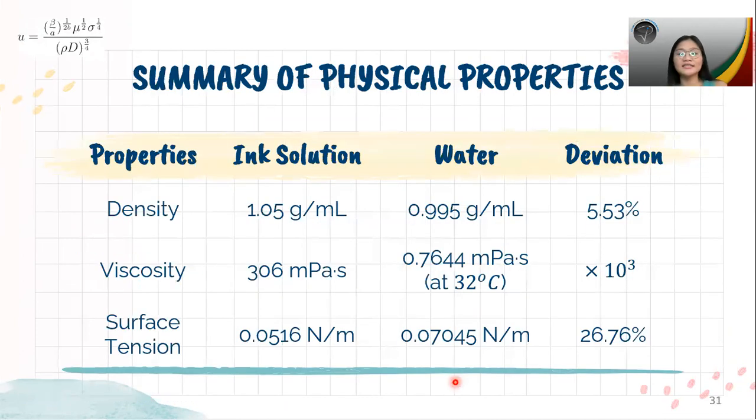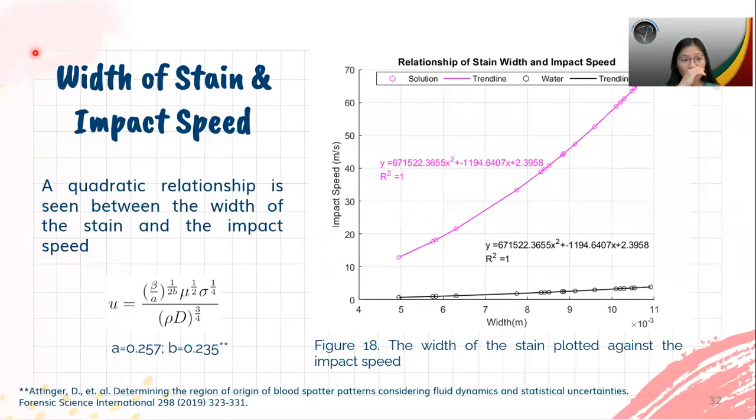Now, to summarize the physical properties, we can see that at similar temperatures, there is great deviation obtained for viscosity and surface tension to that of water. Now, I plugged in these values to the formula above here to compare the resulting impact speeds. Now, the figure here shows the relationship between the impact speed and the width of the stain using the obtained properties of the solution, as well as the properties of water.